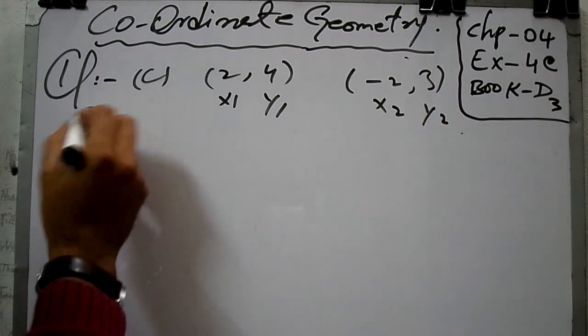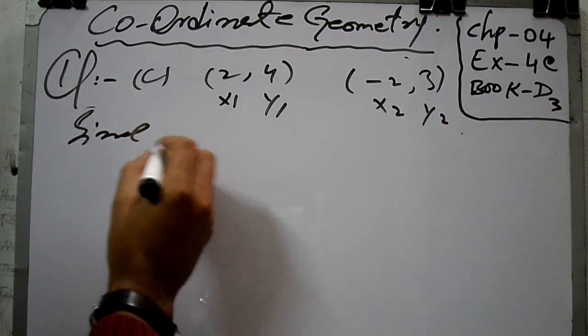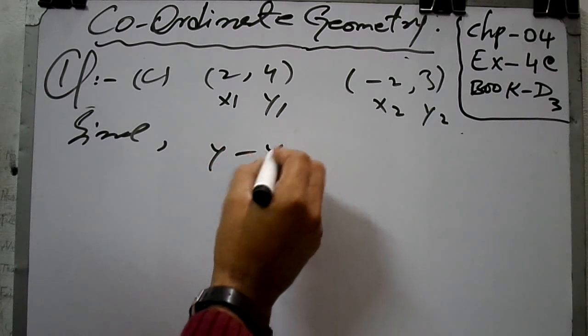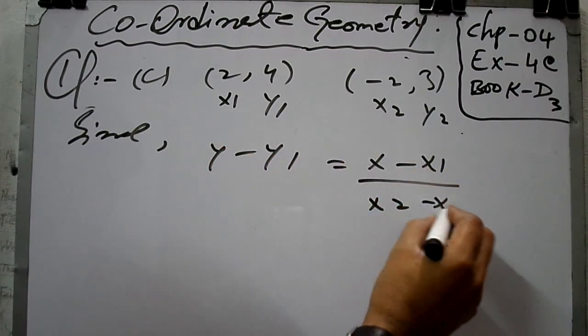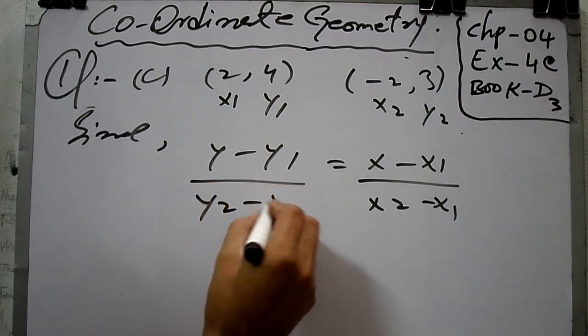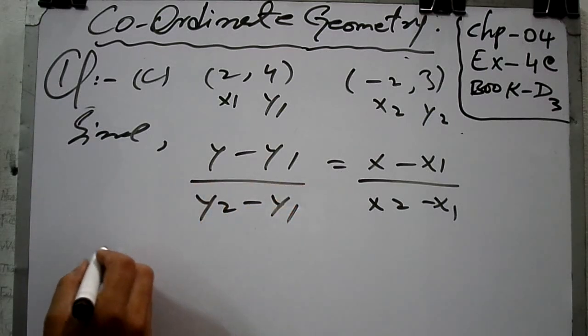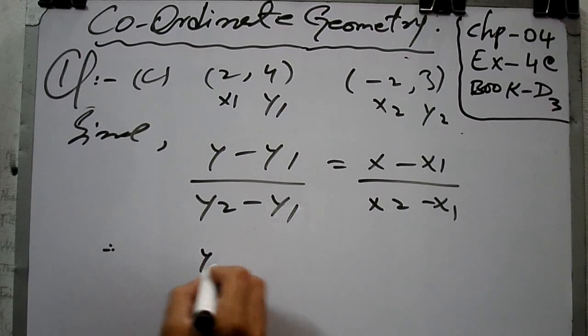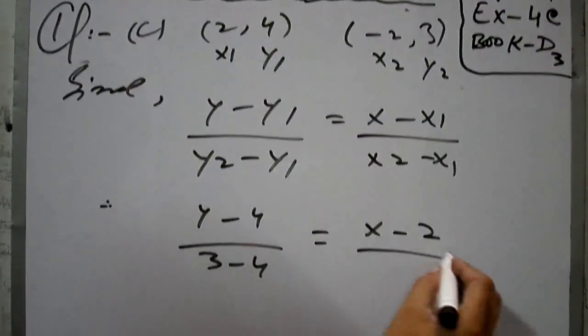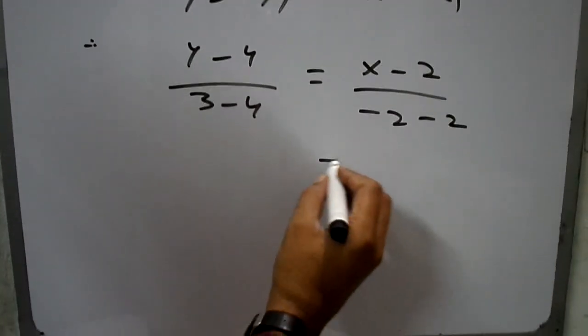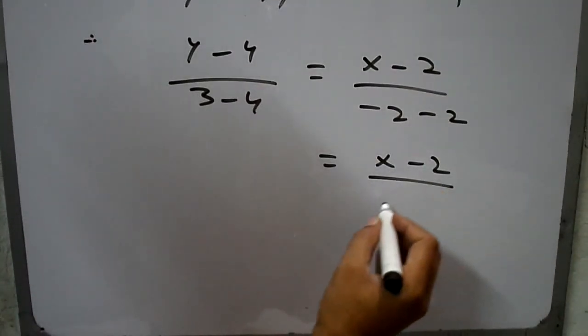So by using the 2-point form equation, since you have the formula y minus y1 over y2 minus y1 equals x minus x1 divided by x2 minus x1, putting the values, you get y minus 4 over 3 minus 4 equals x minus 2 over minus 2 minus 2.